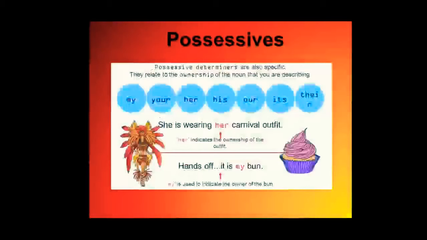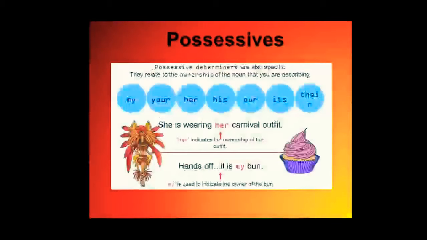These possessives are my, your, her, his, our, its, and their. Please pay attention to the spelling of their. It is T-H-E-I-R. Examples: she is wearing her carnival outfit. Her is indicating the ownership of the outfit, that this outfit belongs to her.